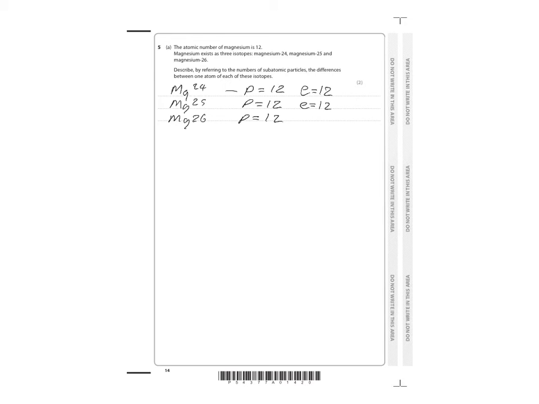And the only difference then is the number of neutrons, and the mass number is the protons plus the neutrons. So 24 minus 12 equals 12, 25 minus 12 equals 13, 26 minus 12 equals 14.